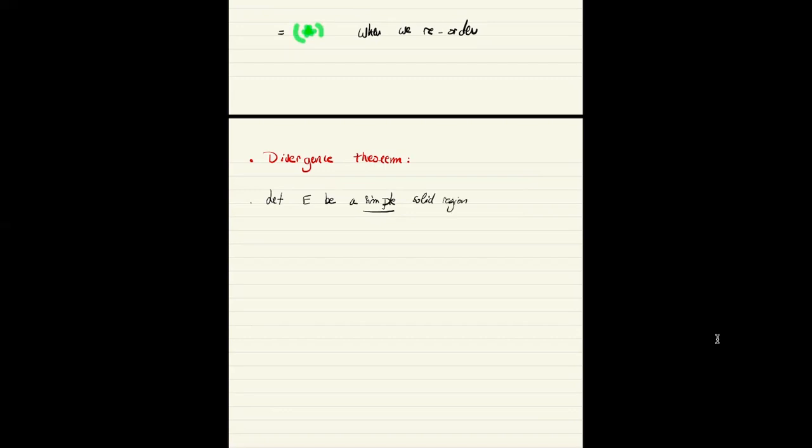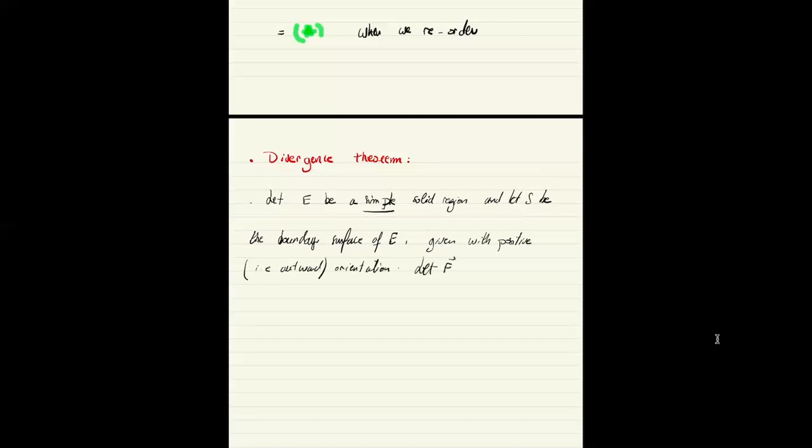It is a 3D region, and let S be the boundary surface of E, and here it's going to be a closed surface. So whenever you have a closed surface, the positive orientation means the outward normals are given, positive outward orientation. Okay?